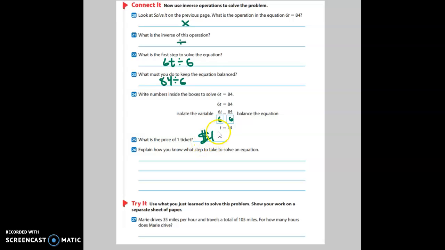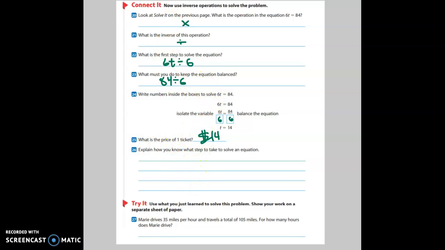Okay, so $14. Explain how you know what step to take to solve an equation. The first step being that you find out what operation is occurring. The second step is figuring out what's the opposite of that operation, or what's the inverse of that operation. The next step is to use the opposite operation, or the inverse operation, on the side that has the variable, and then do it to the other side to keep it balanced.